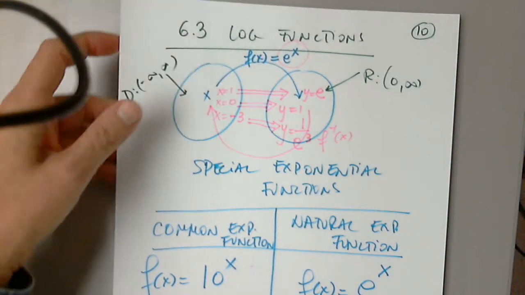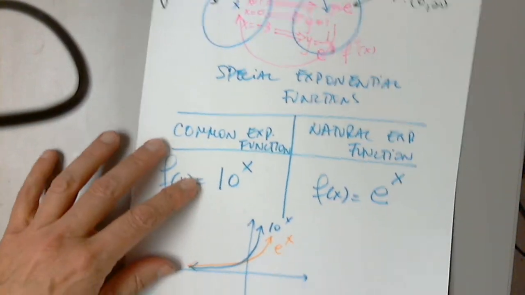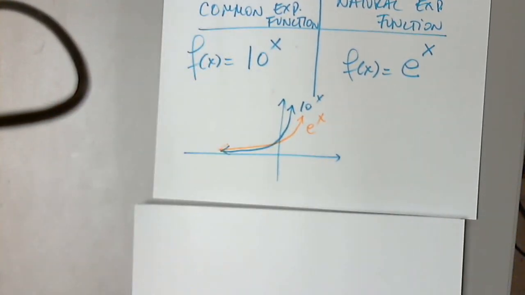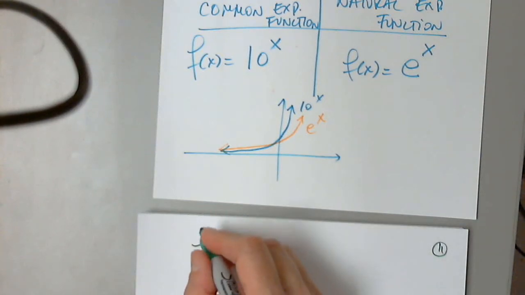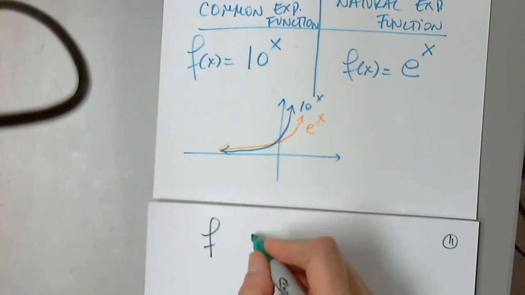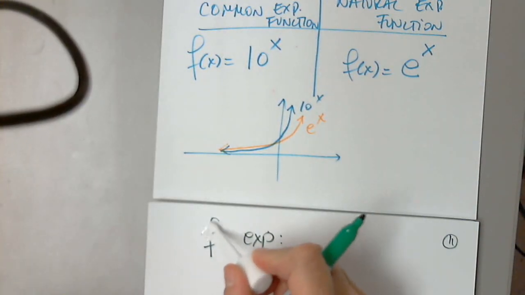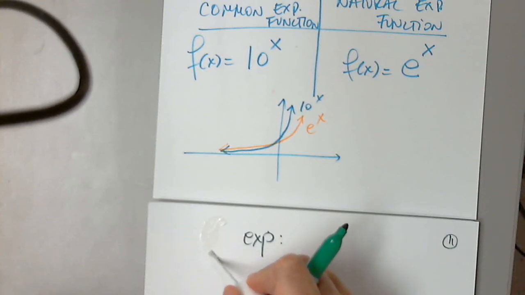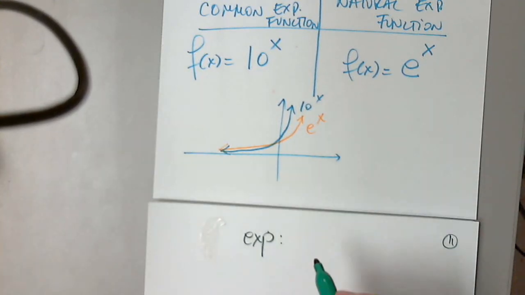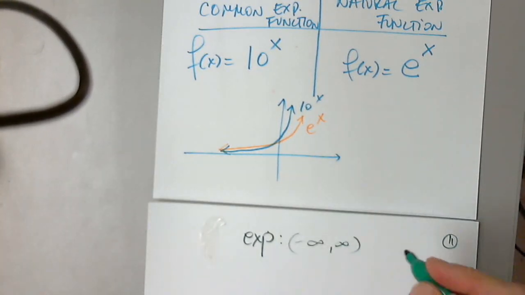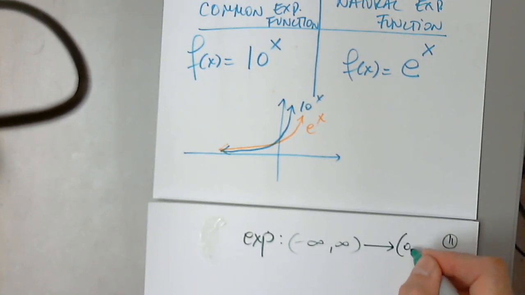So you already told me the domain and range of the exponential function. I'm going to write them one more time so it's easier and clear. The domain is all real numbers, a friendly function, defined everywhere. And the range, you already told me, is 0 to infinity.